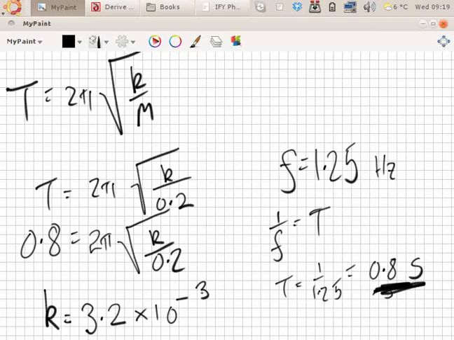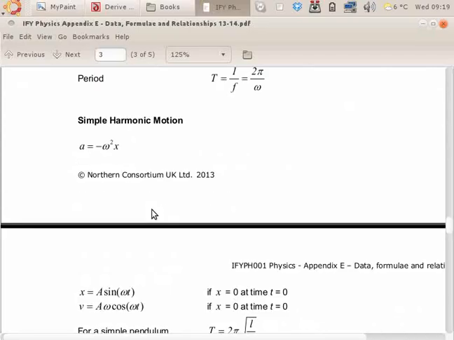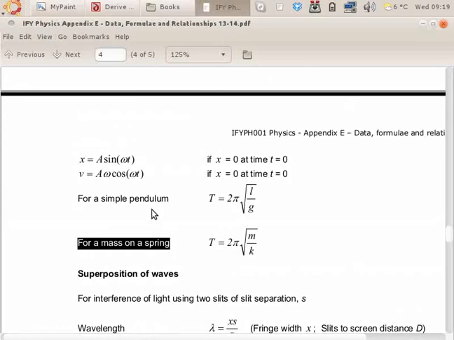Okay, got that? Now, if you look here, what else have we got it for? Yeah, it's not actually there in the book. The only formula you have for a mass on a spring is its time here.